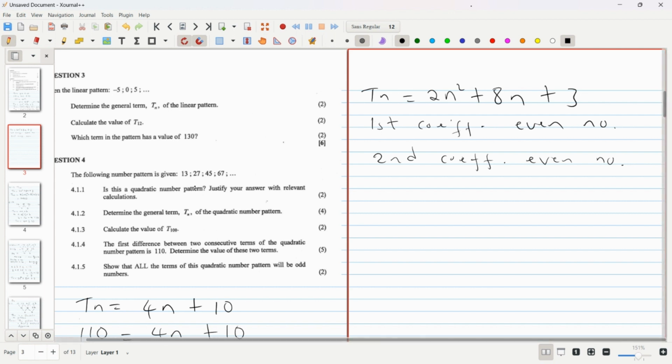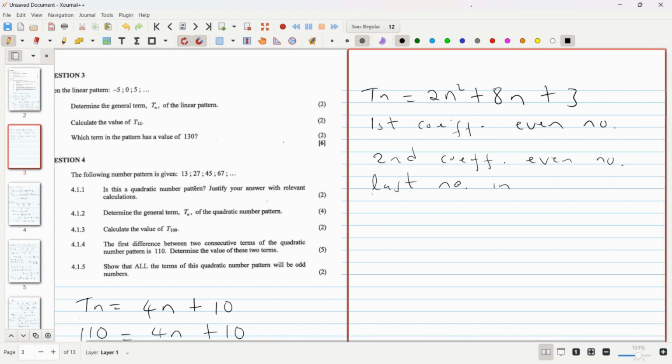So the last number in the pattern is odd.